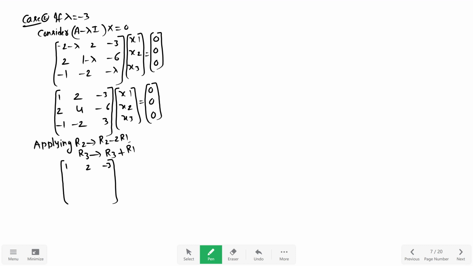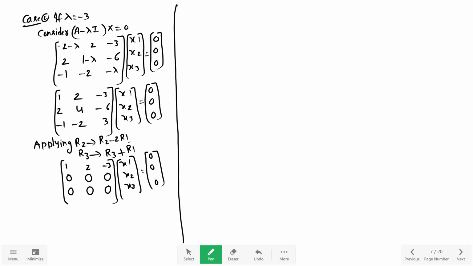Second row is 2 minus 2 is 0, 4 minus 2 into 2, 4 minus 4 is 0, and minus 6 minus 2 into minus 3, minus 6 plus 6 is 0. Third row R3 plus R1: minus 1 plus 1 is 0, minus 2 plus 2 is 0, 3 minus 3 is 0. Times the column of unknowns x1, x2, x3 equal to 0, 0, 0. This is the echelon form.